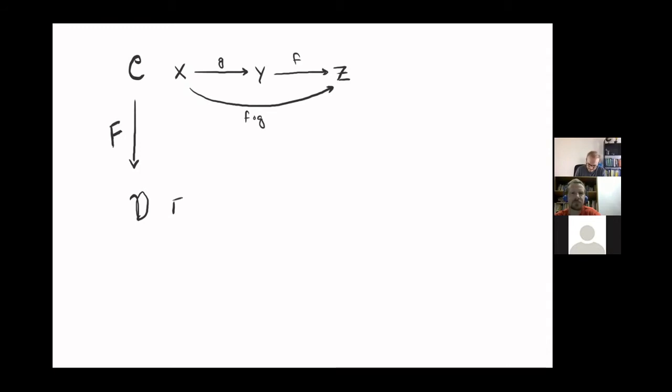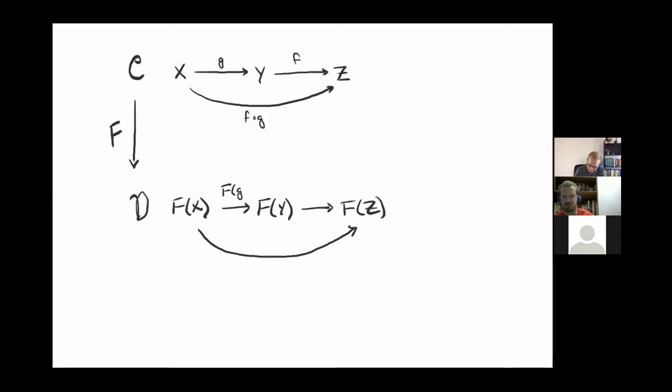So I get some objects F of X, F of Y, F of Z, and I need to have all of these arrows that I had in the original category. Here F of G and F of F, and then I'd have F of F after G, and that has to be equal to F of F after F of G.